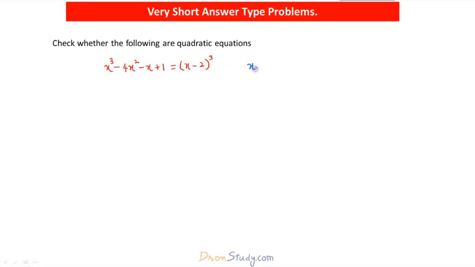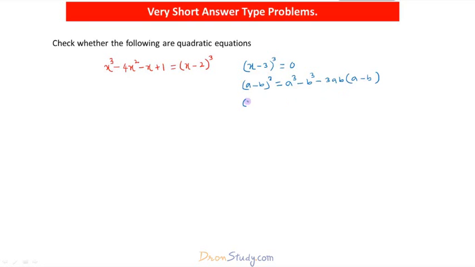Here we will apply the formula (a minus b) bracket cube, which is equal to a cube minus b cube minus 3ab into bracket a minus b.